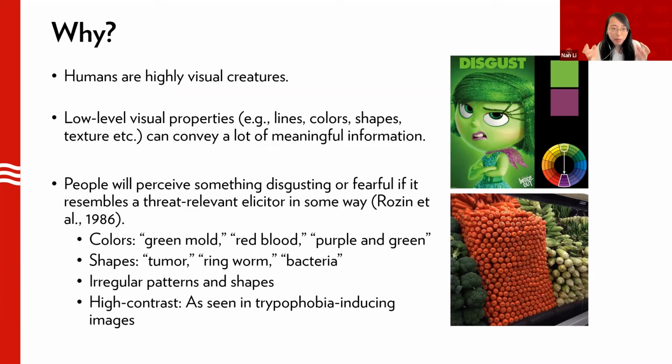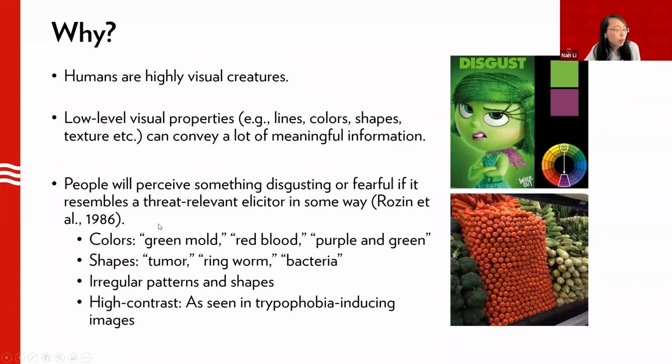All of these things happen very quickly inside your mind. And talking specifically about the images I just showed, like those pictures of the viruses, if you feel that it resembles a threat-relevant elicitor in some way, you are very likely to perceive disgust and fear.